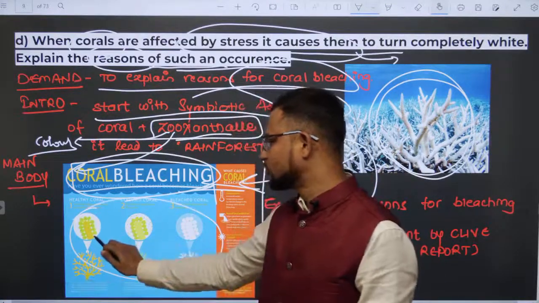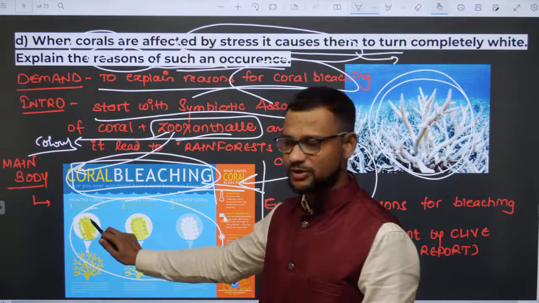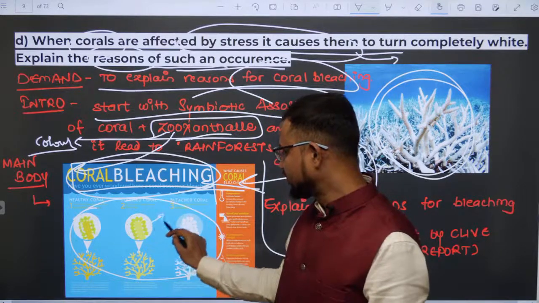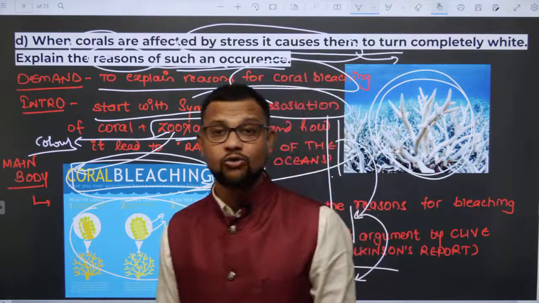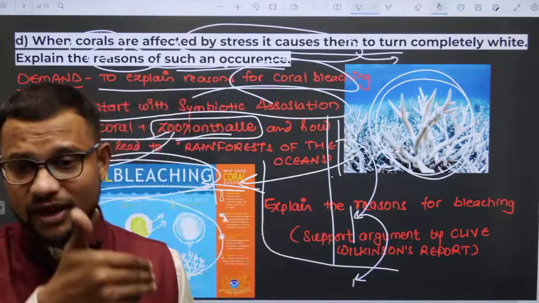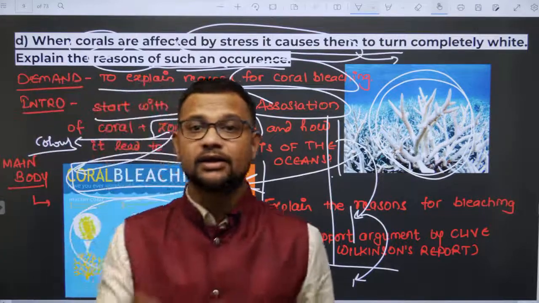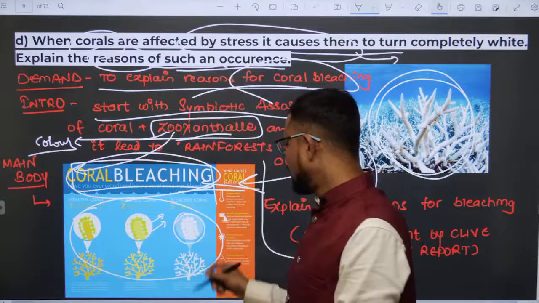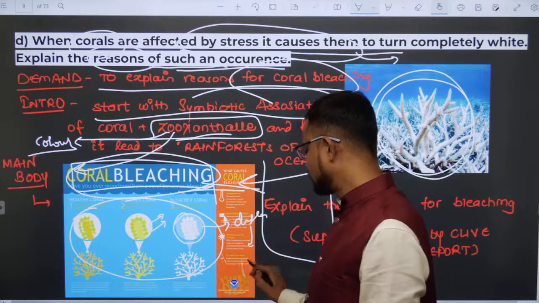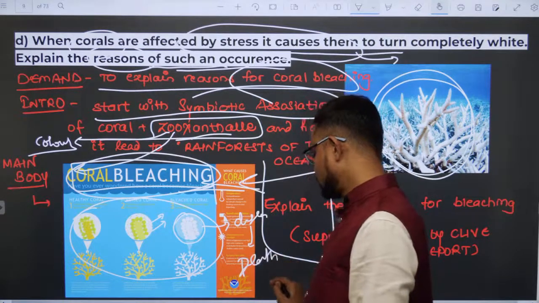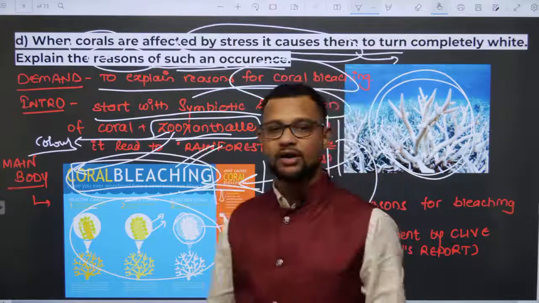Earlier there was zooxanthellae, this one, dotted algal species, then it is expelled out, and you will find it has turned white. Now this phenomenon doesn't stop there; when it turns white, it continues, because now it is more prone to diseases and then it leads to the death of the coral. That phenomenon is known as coral bleaching.